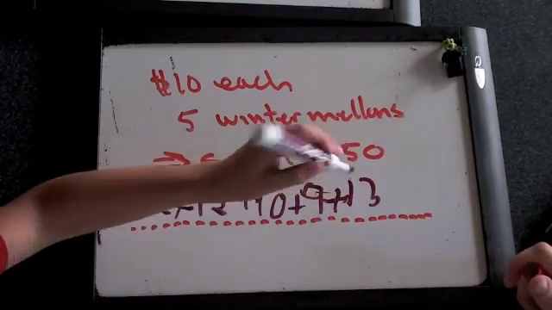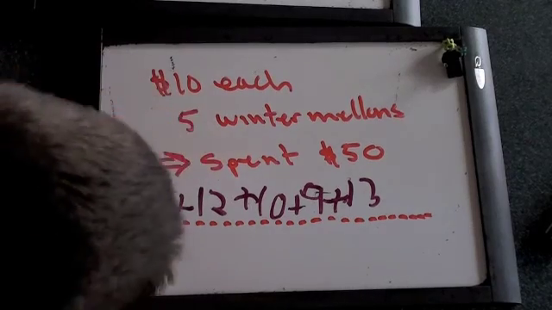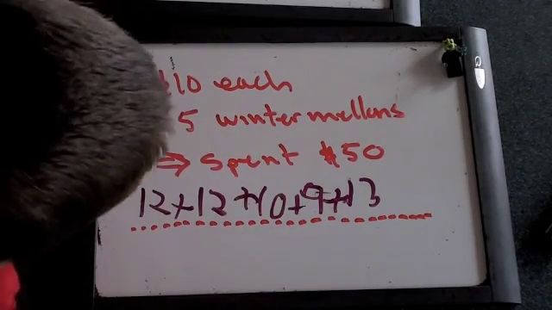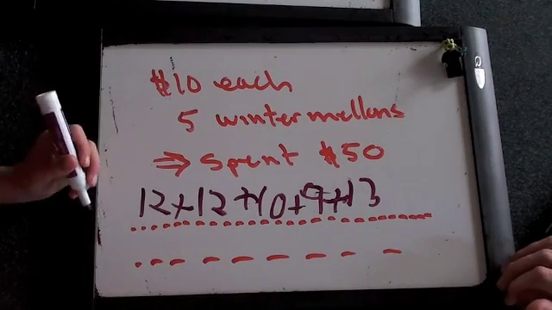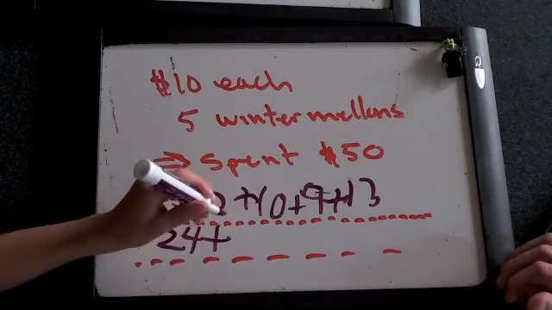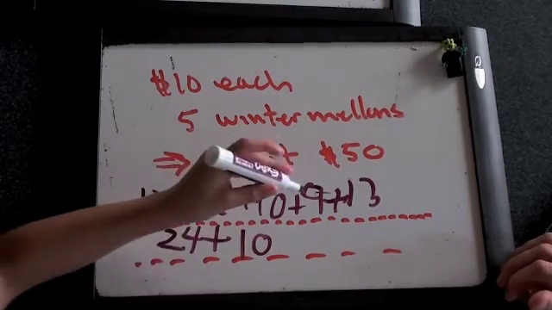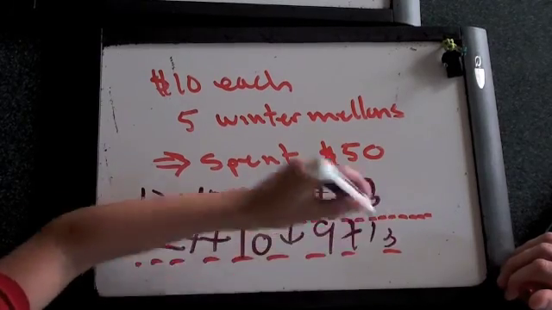They're a great defense against zombies. So this 12 plus 12 is 24. Okay? If you want to write, you can write down below here if you want. So this is the same as 24 plus 10 plus 9 plus 13. Okay?